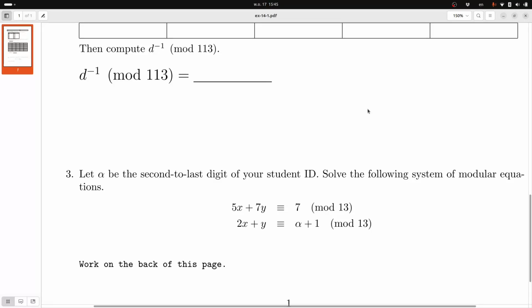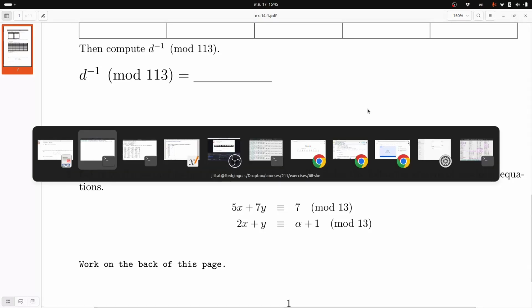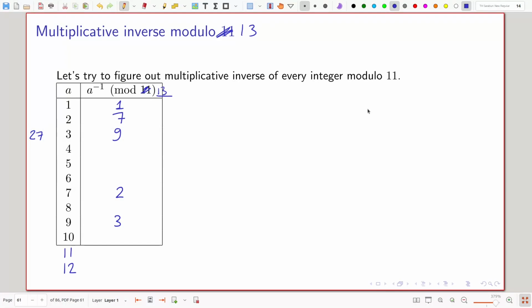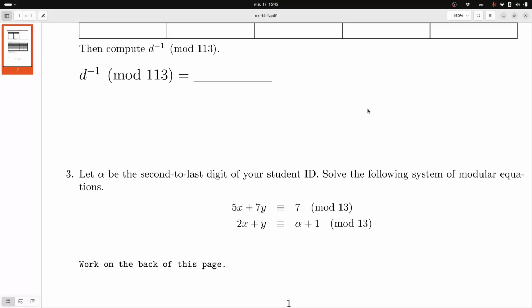But when you want to divide, every time you divide by some number, you multiply with its multiplicative inverse from that table. Suppose you want to divide by 7, you multiply by 2.